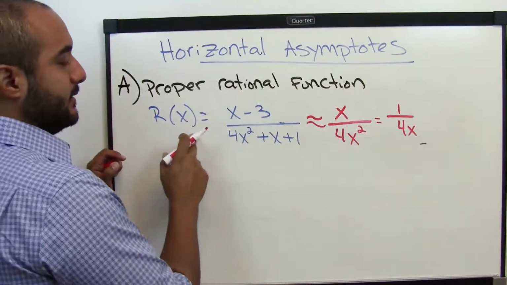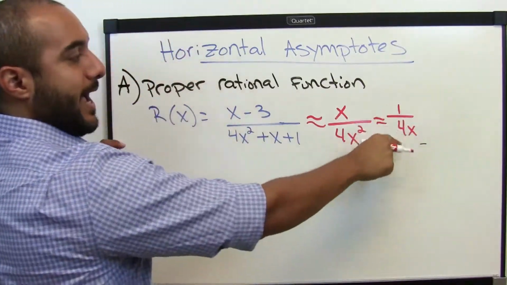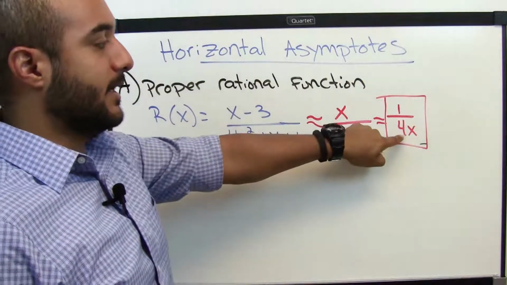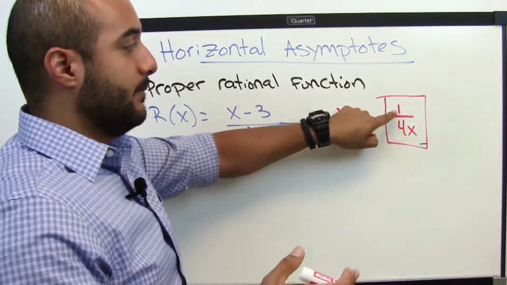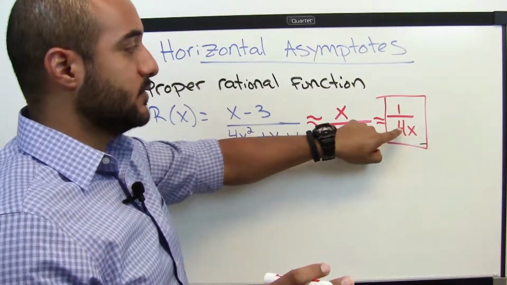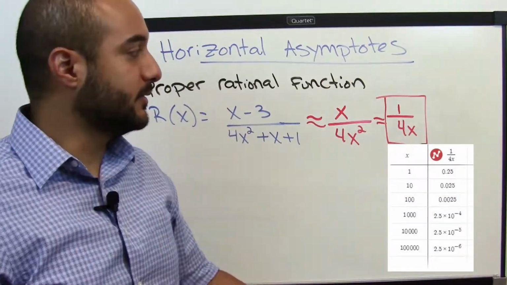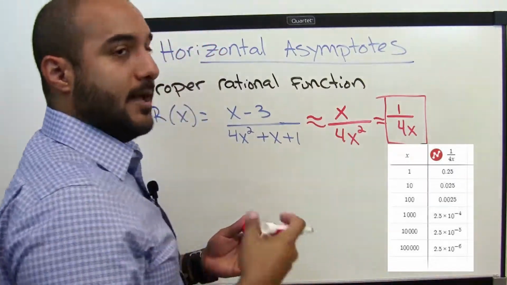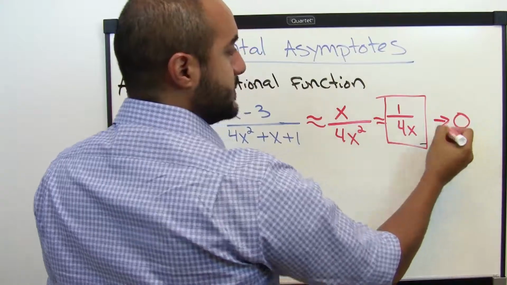As I keep making my x's greater and greater, what happens to all of this? My denominator gets bigger and bigger and bigger, but my numerator does not. So this ends up making my fraction smaller and smaller and smaller. So as it becomes smaller and smaller, this will always head towards 0.